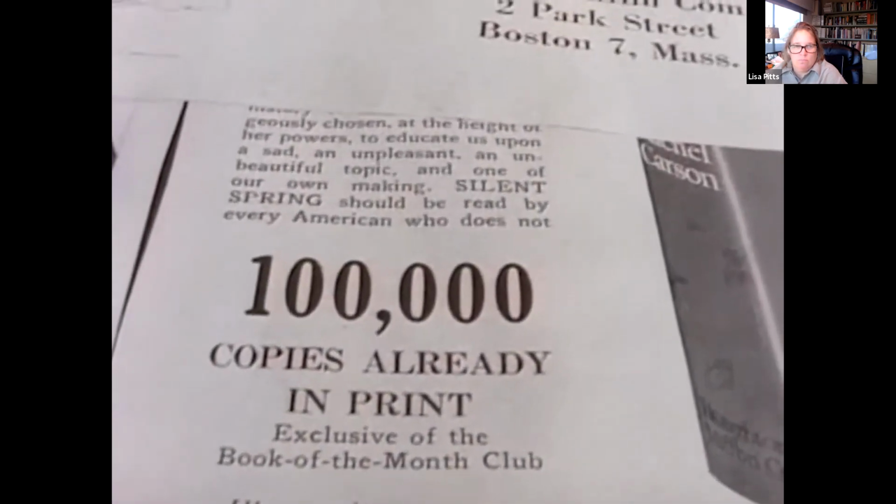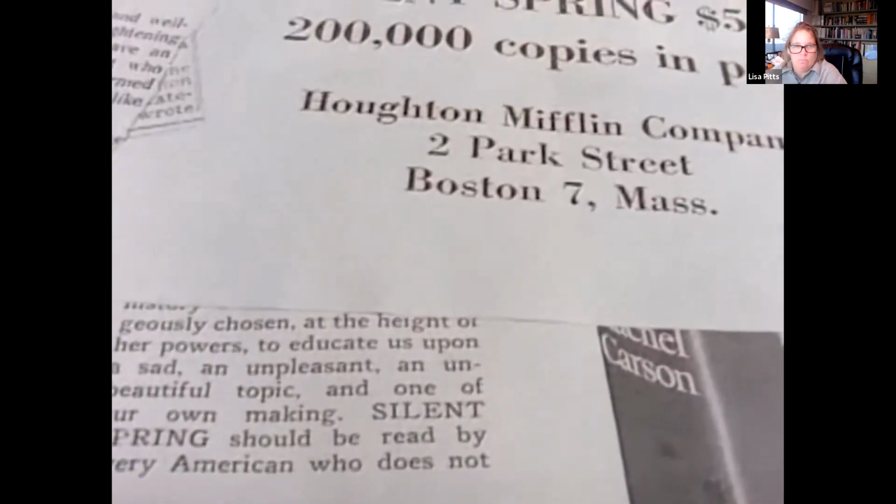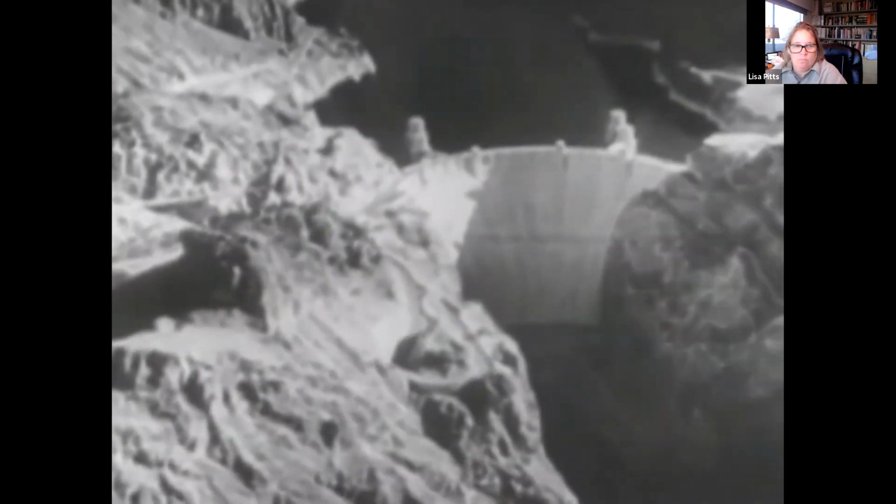Miss Carson maintains that the balance of nature is a major force in the survival of man, whereas the modern chemist, the modern biologist, the modern scientist believes that man is steadily controlling nature.